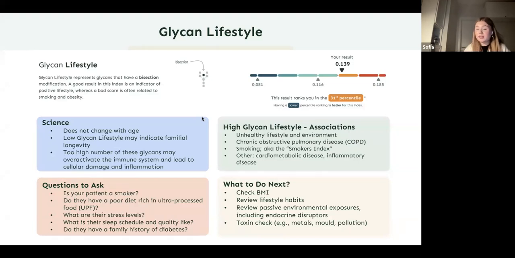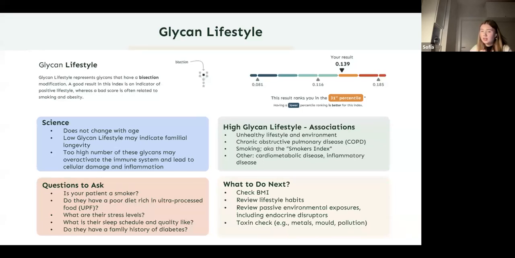A low result might indicate familial longevity. However, if we have too much of these glycans, they will again overactivate the immune system and lead to cellular damage and inflammation. So we want less of these glycans.